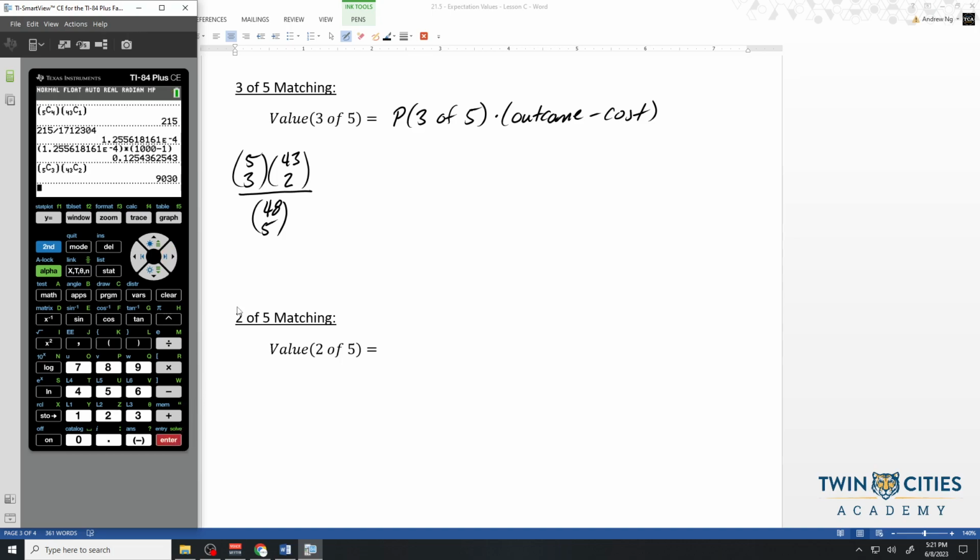So this will be 5 choose 3 times 43 choose 2. This is 9,030. And then, of course, that's 9,030 divided by the 1,712,304.